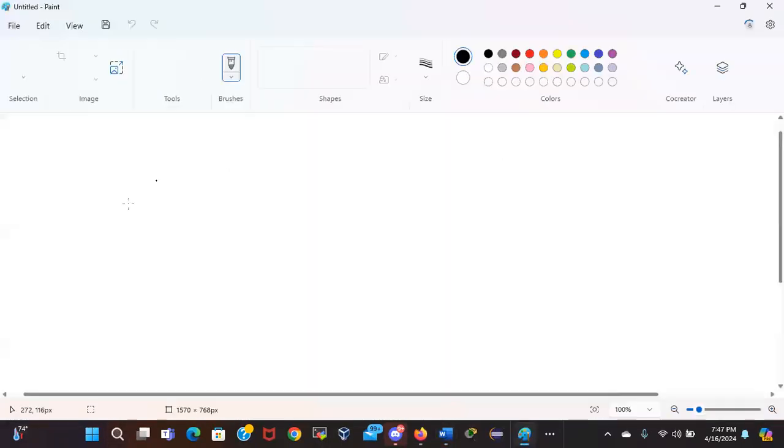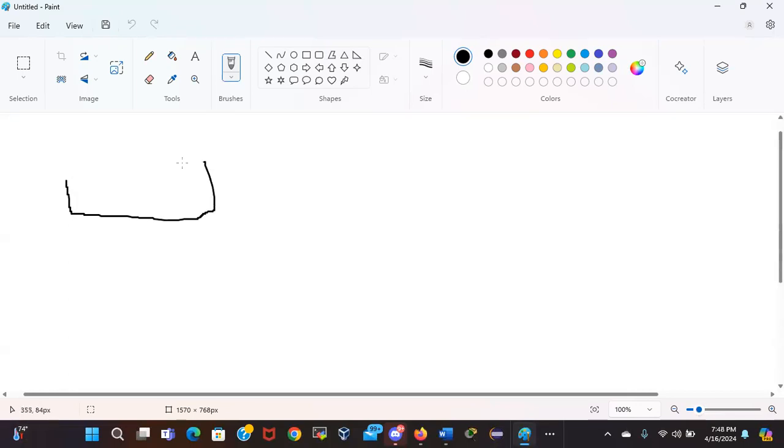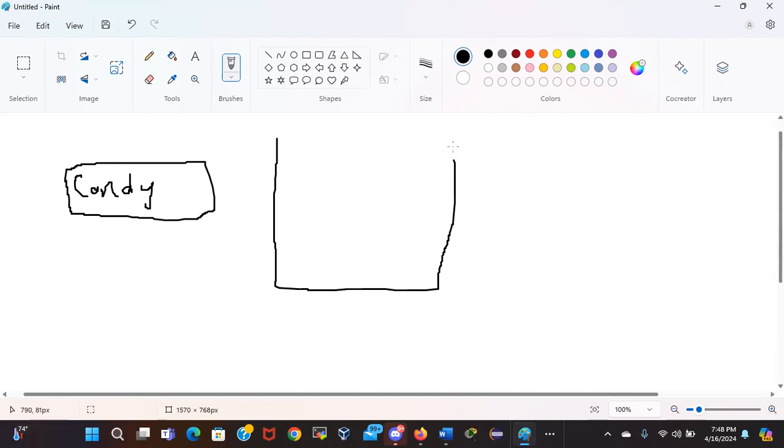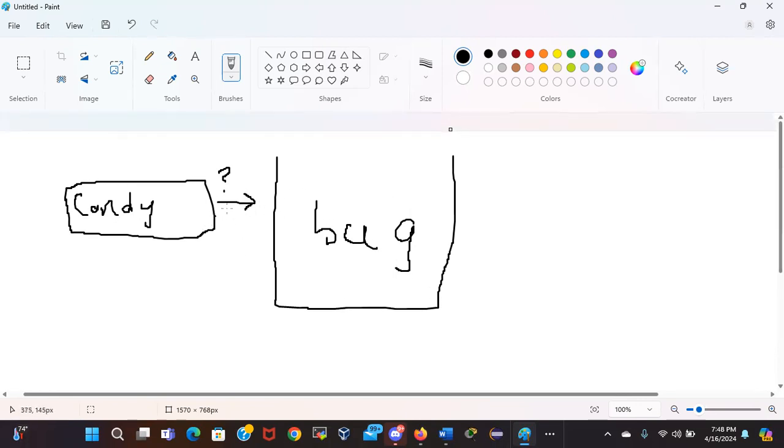If I drew this out, here's a candy bar. Ignore my beautiful drawing skills. So here's the bag. What can I do with this bag? With the candy? What are my options to put the candy? What can I do with this piece of candy?